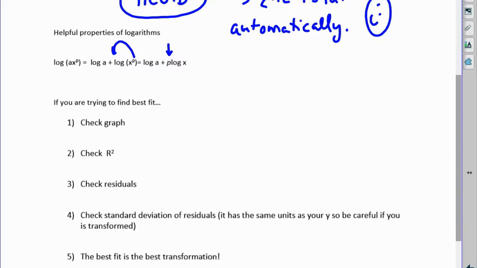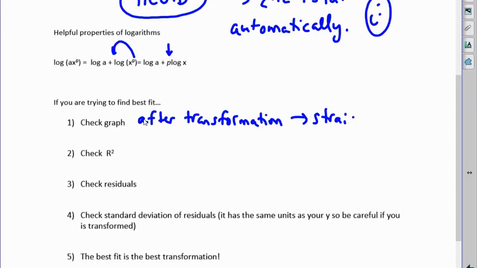If you're trying to find the best fit, first of all, graph, both before the transformation and after the transformation. You are looking for it to be straight. When it looks straight, that probably is a good transformation.